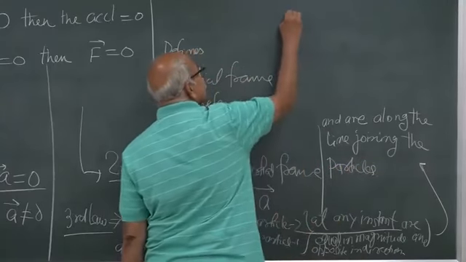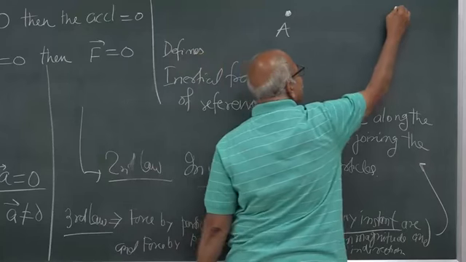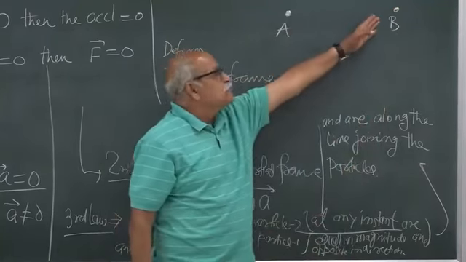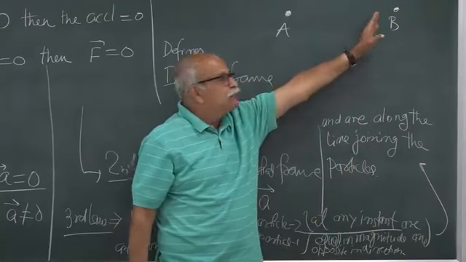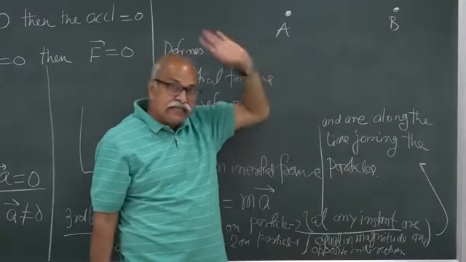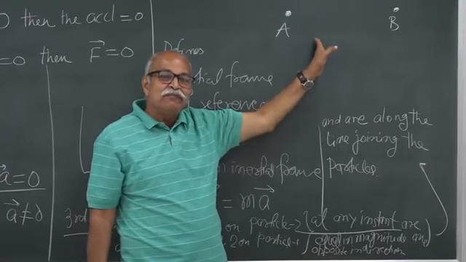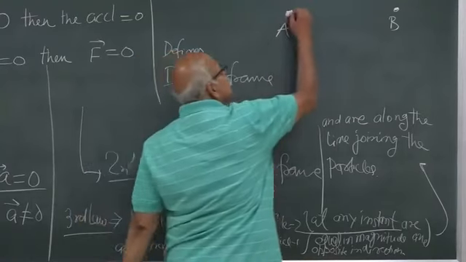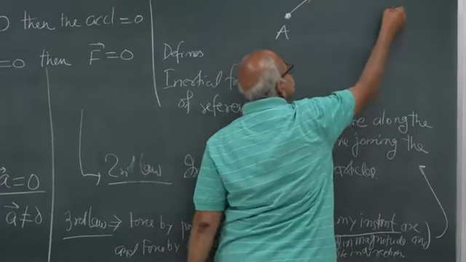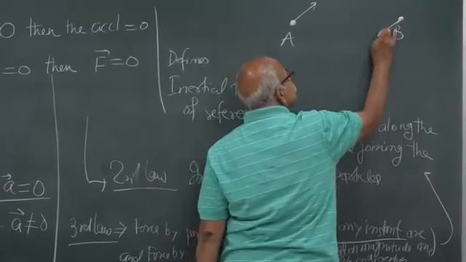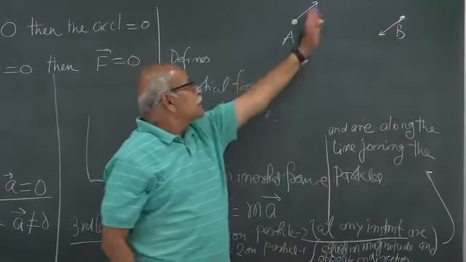If you have a particle here A, if you have a particle here B, the force by A on B and force by B on A at any given instant are equal in magnitude, opposite in direction, but that could have been this way. That could have been this way. The directions are opposite.